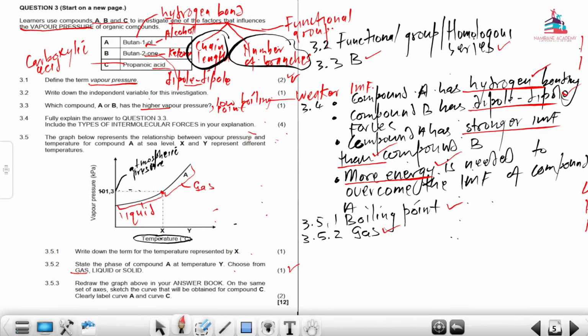We are now comparing A and C. C is a carboxylic acid, and A is an alcohol. So A, being an alcohol, will have a higher vapor pressure than a carboxylic acid.